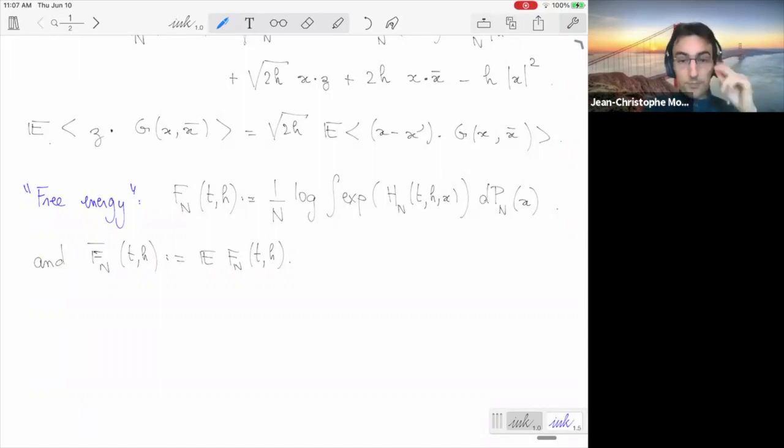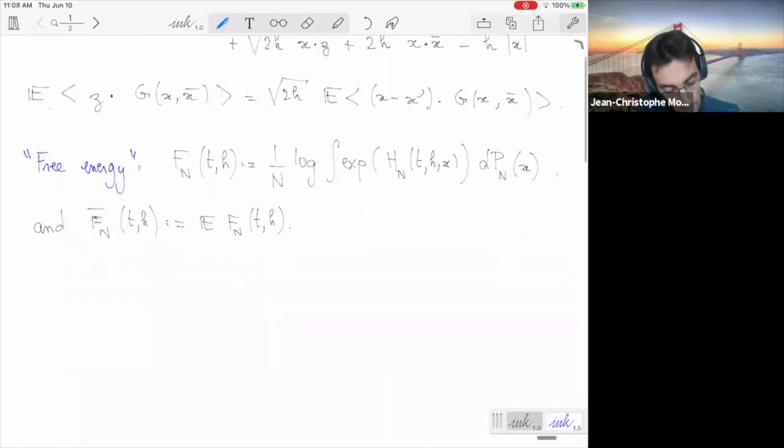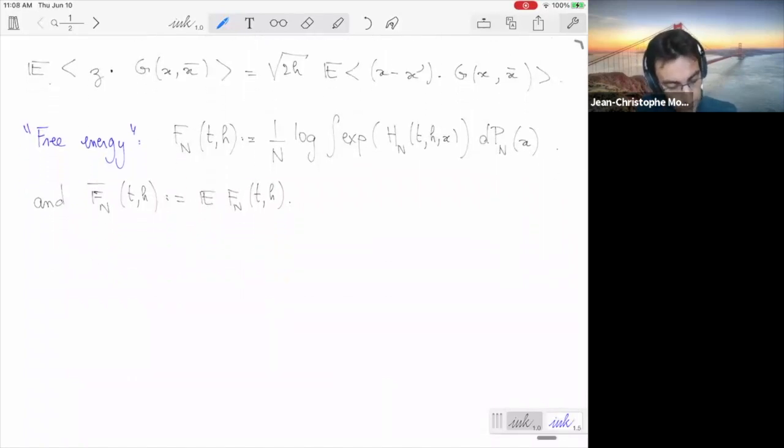And as for Curie-Weiss, our approach to try to identify the limit free energy will be to look for a partial differential equation satisfied by this object. So what I'm going to do is try to compute the derivatives of this thing and see what happens. I'm going to start with trying to compute the derivative with respect to h.